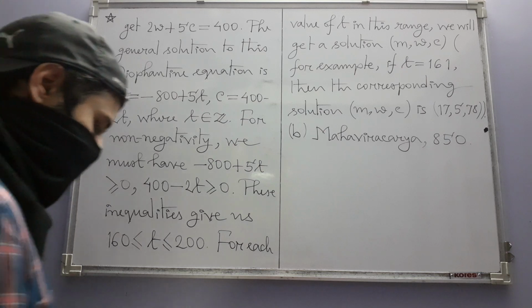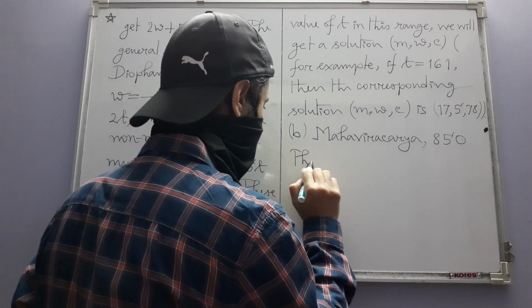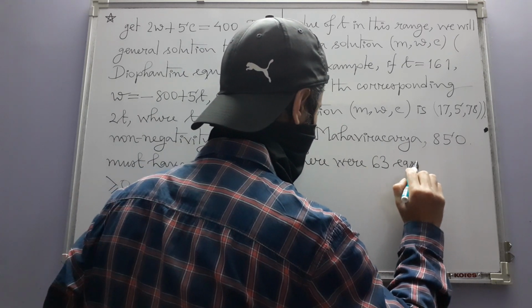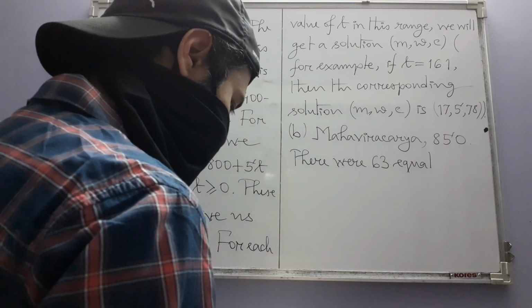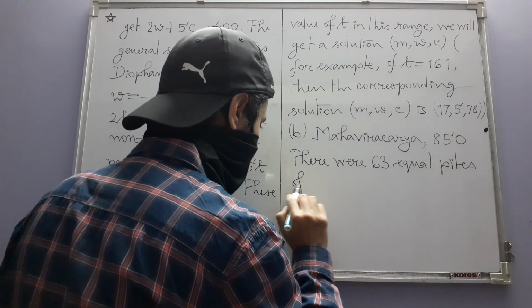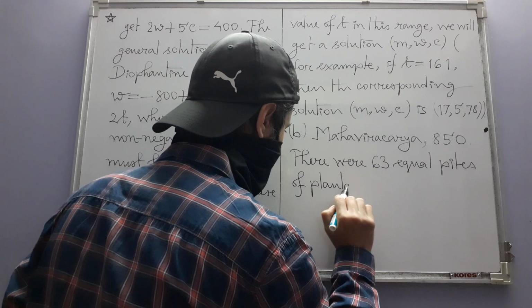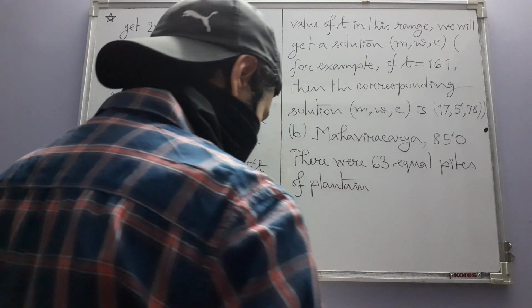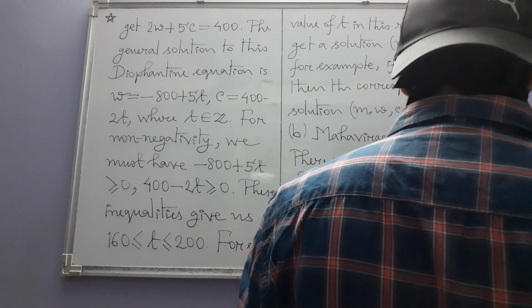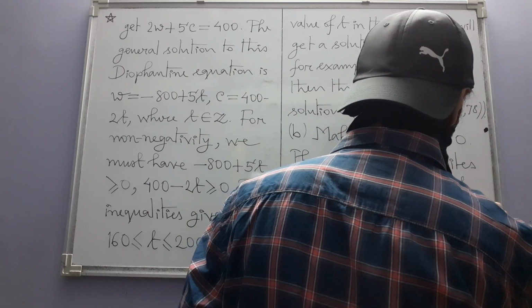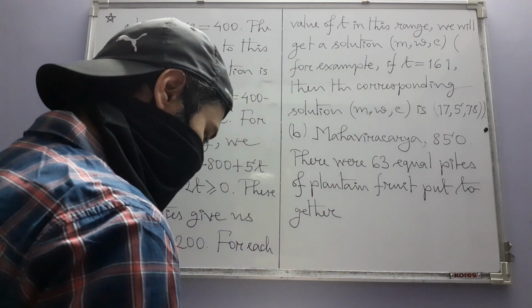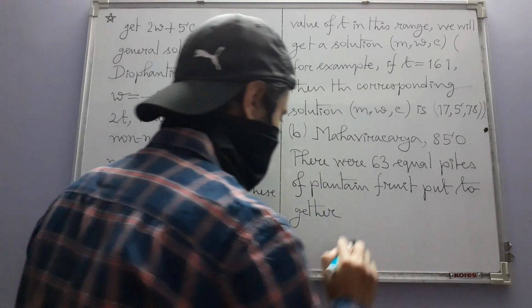There were 63 equal piles of plantain fruit put together and 7 extra single fruits.